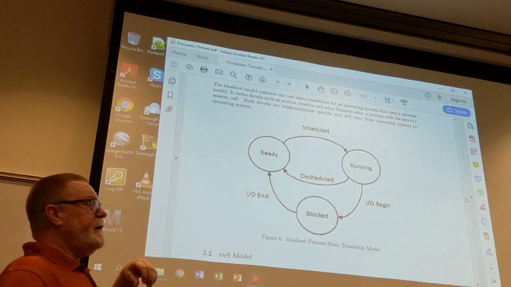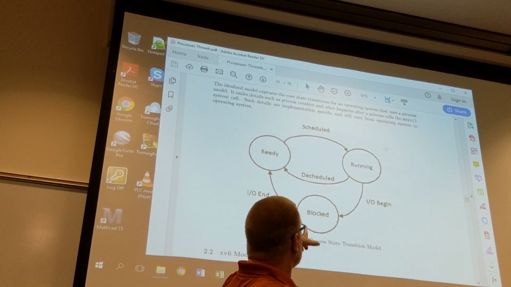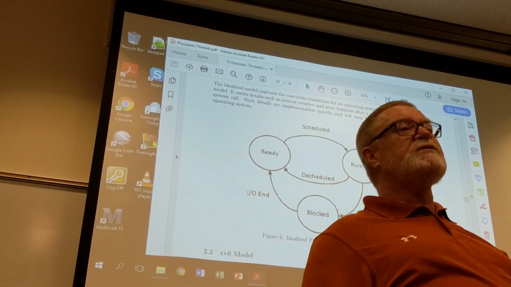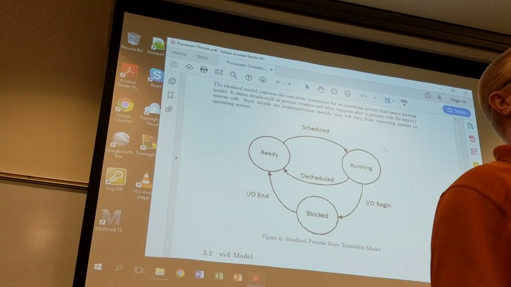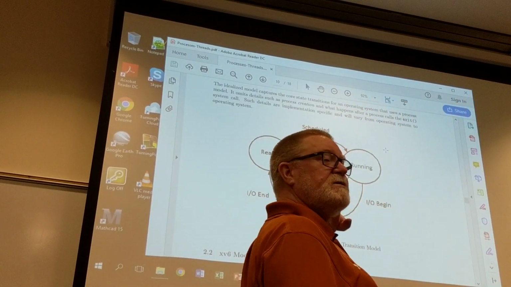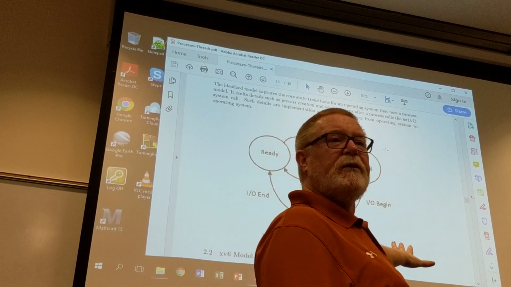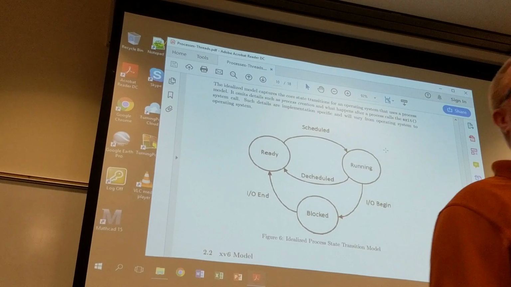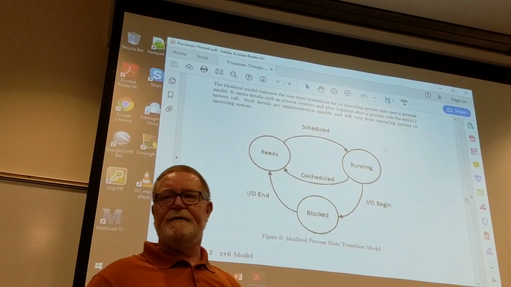When our I/O completes, or our event occurs, we can move back to ready, because now that that has completed, we could do useful work if we were given the CPU. So the scheduler routine only looks at ready processes in the ready state. That's its only job. The scheduler, spelled all the way out, does not take things out of the CPU.